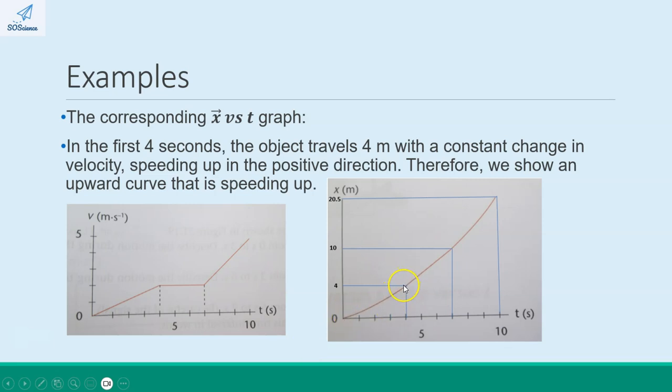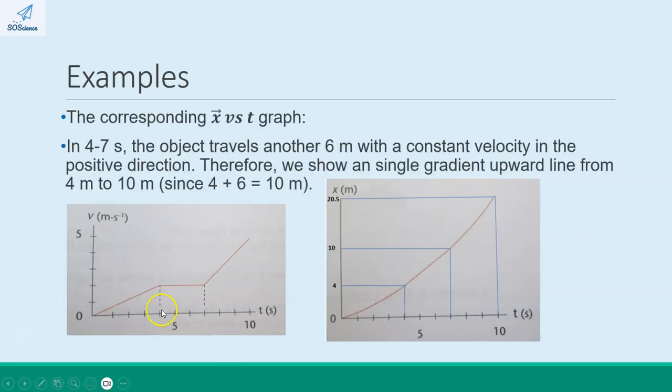So we're going to have this curve over the first 4 seconds, which is why I drew a line up here so that I know where my curve ends. And I also know that that curve needs to end at 4 meters because we just calculated that this area over here, this displacement, is 4 meters.